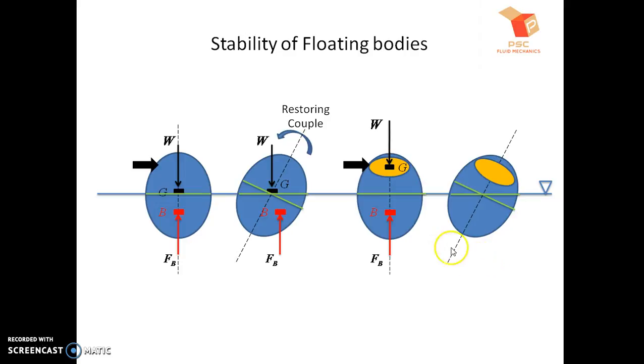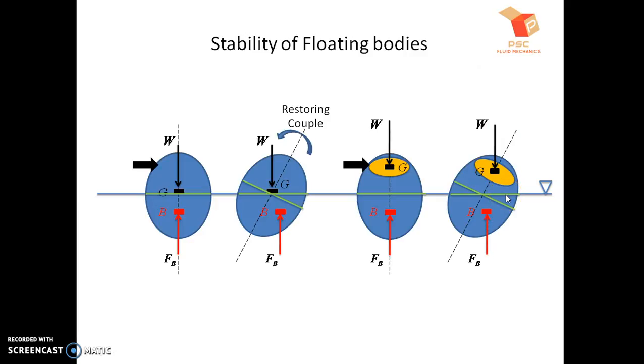But the difference is that now on the left side of the body axis we have less volume, and on the right side we have larger volume, and hence in a similar way B will get shifted to a new location like this. The G will remain as it is with respect to the body axis, but the center of buoyancy will get shifted in the rightward direction.